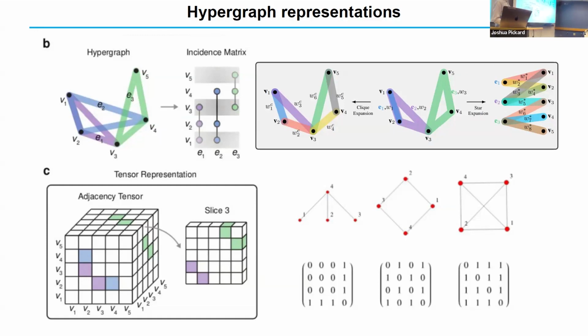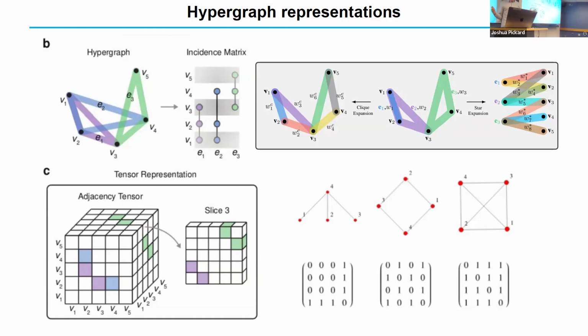For instance, this blue square here is going to be indexed with V4, V2, and then, oh, it's in the front slice, V1. All right, so blue is V4, V2, and V1, and the blue hyperedge above is going to be on vertices V1, V2, and V4. So that's how we get these tensor representations of the hypergraph.